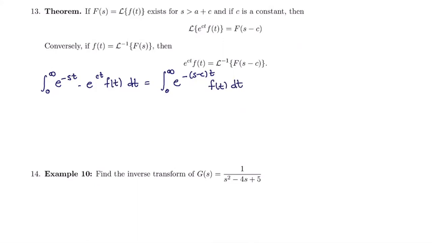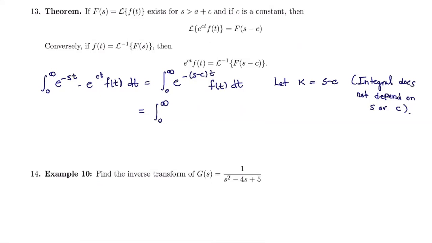Now this doesn't quite look like the Laplace transform, but if we let, for example, k equal s minus c, and the integral does not depend on s or c, we can change the form so that it looks like the integral from 0 to infinity of e to the minus kt f of t dt.